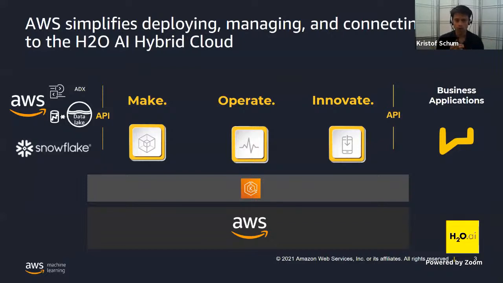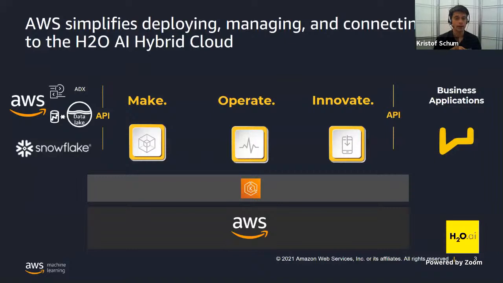Using Kubernetes on AWS is really taking off, making the operation and the innovation in the machine learning lifecycle, being able to connect to our wonderful partners, Snowflake as well, with whom we co-build a lot.